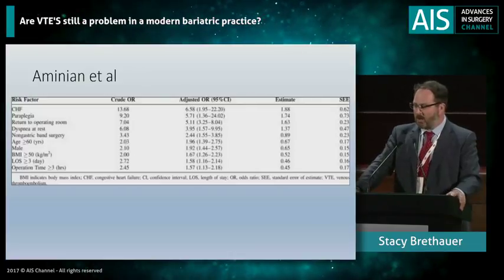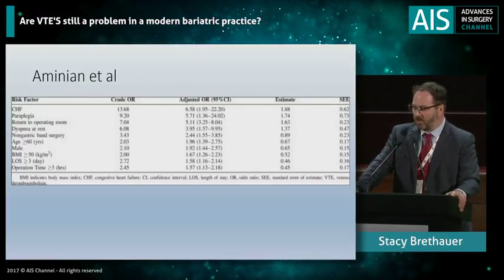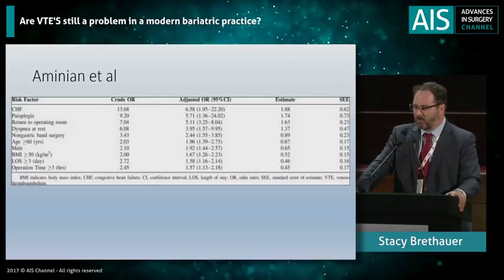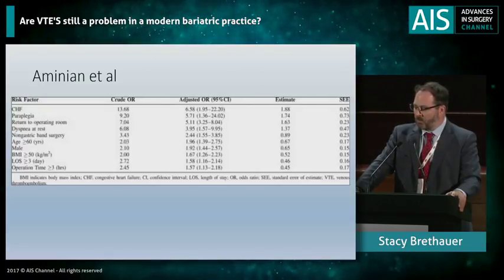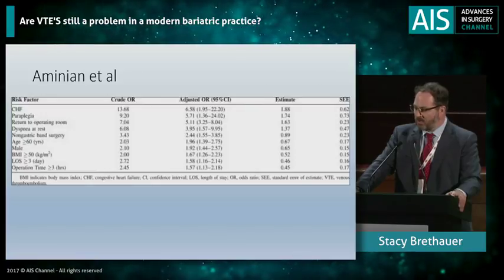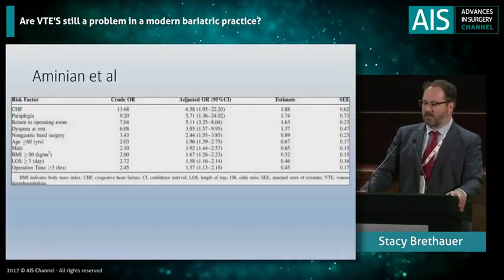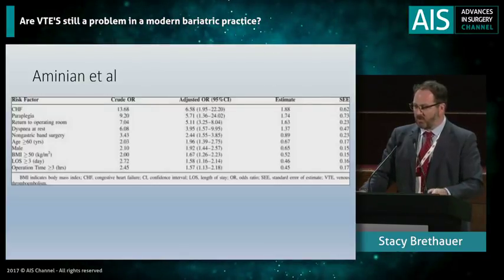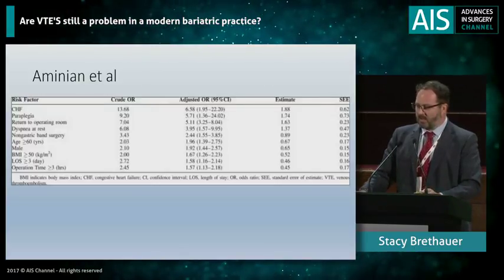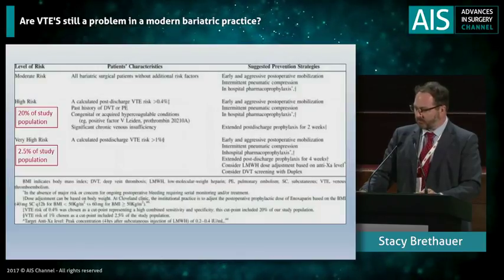Complications requiring reoperations, returns to the operating room, again, probably result in a delay in prophylaxis and certainly more immobility. Dyspnea at rest and pulmonary issues, stapling procedures, and you can see on down the list, length of stay, length of the operation, as well as male gender. These were all predictors of VTE based on this analysis.